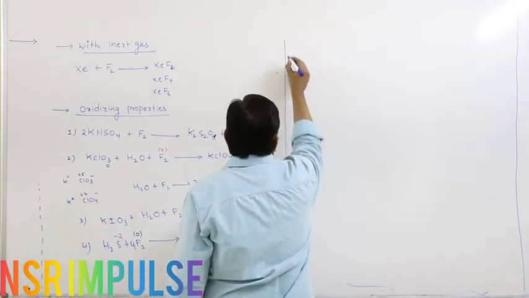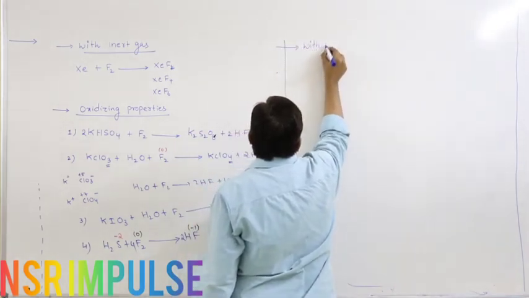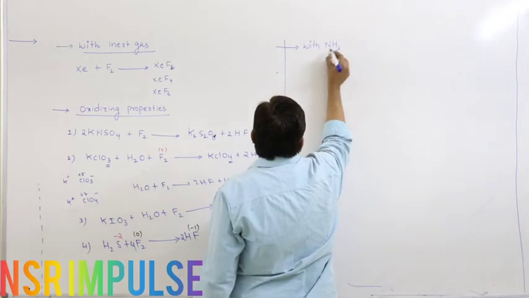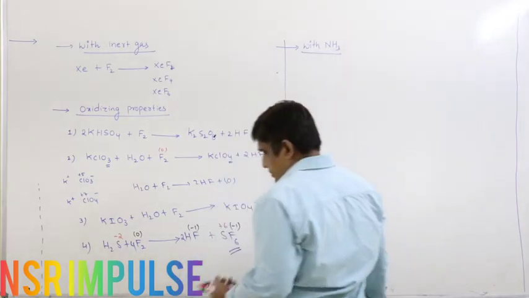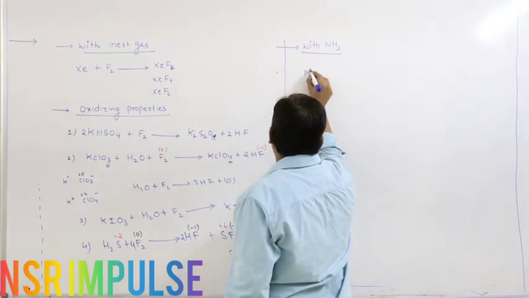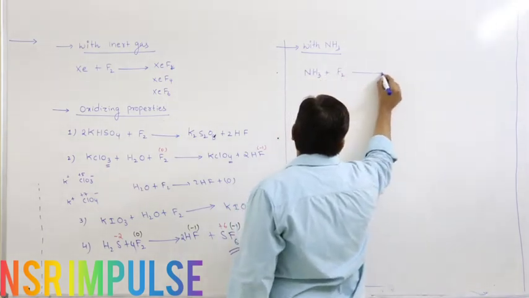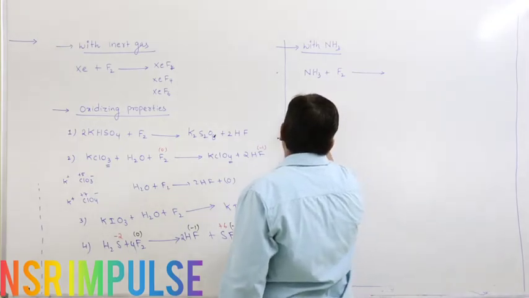Next, reaction with ammonia. So it is interesting and it's very important. Ammonia reacts with fluorine under two conditions.